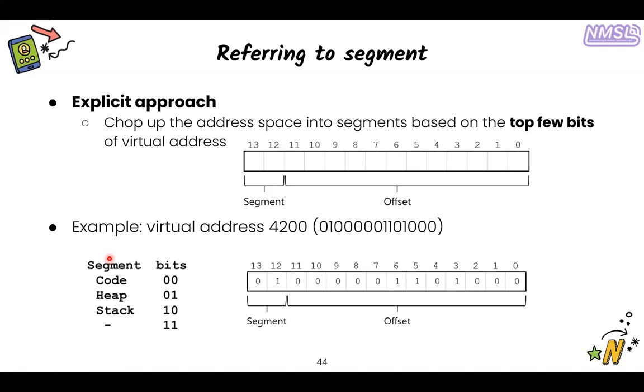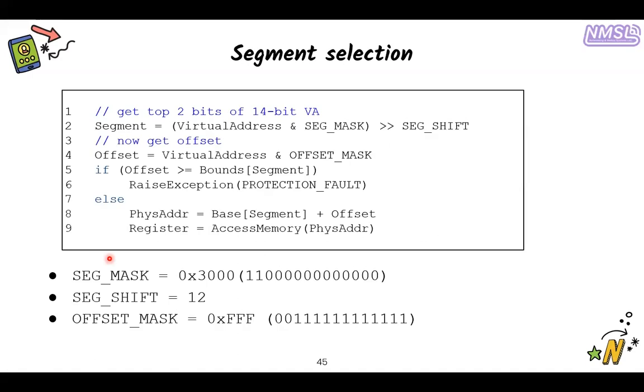Page 45. Basically this part tells you which segment. But the virtual address was 14 bits, and we only want the first 2 bits. So we're shifting them right so that we know just the segment.